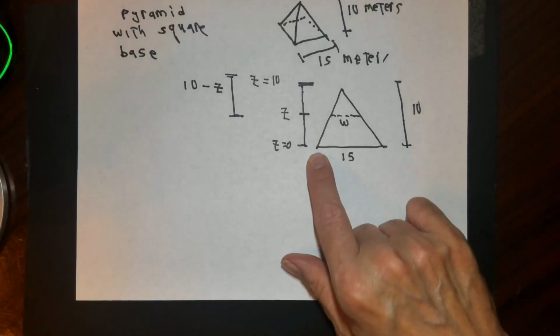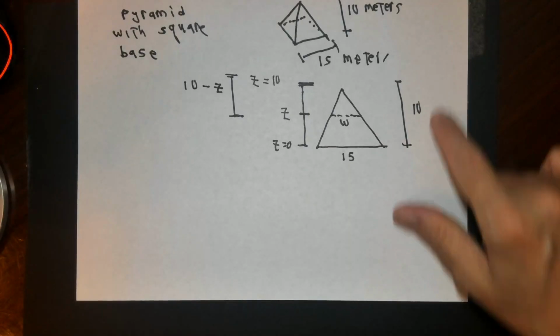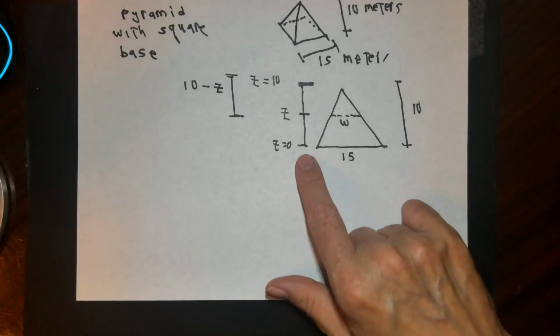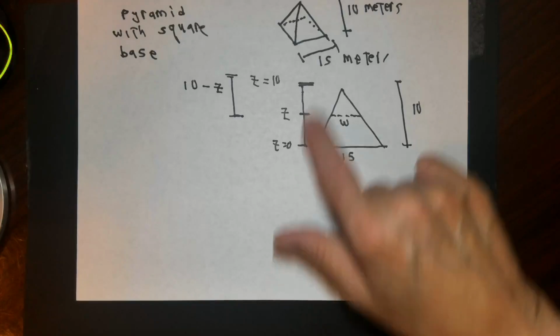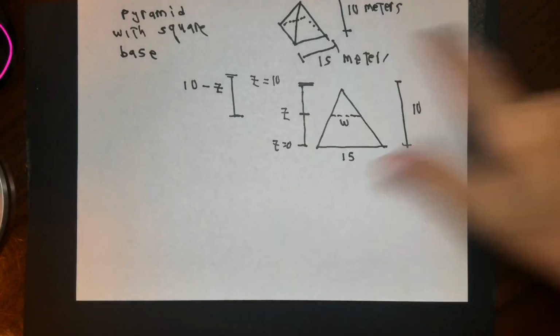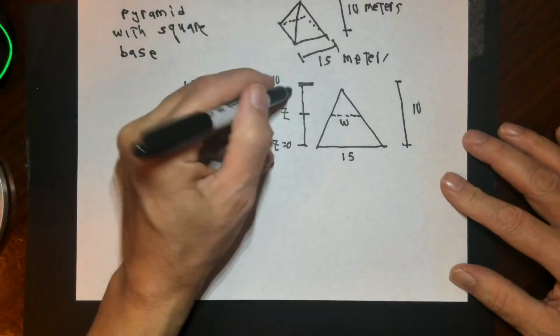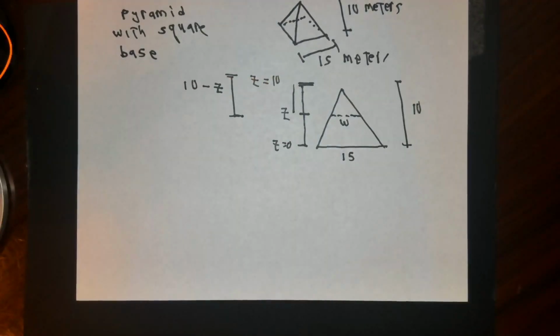I'm going to think of taking a razor blade and cutting the pyramid directly down the center. I have a triangle that's 15 across the bottom, 10 in the up and down direction, and my smaller triangle will have some unknown width, w, and some vertical height, 10 minus z, for z values between 0 and 10.